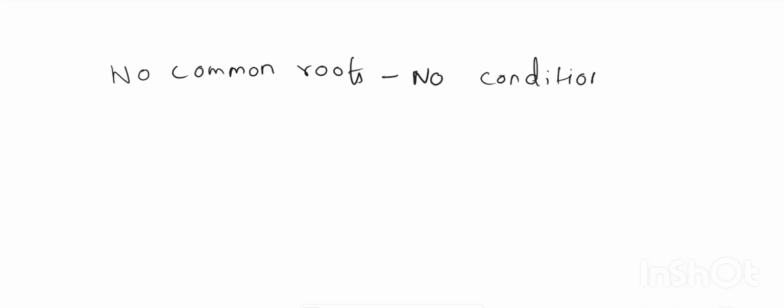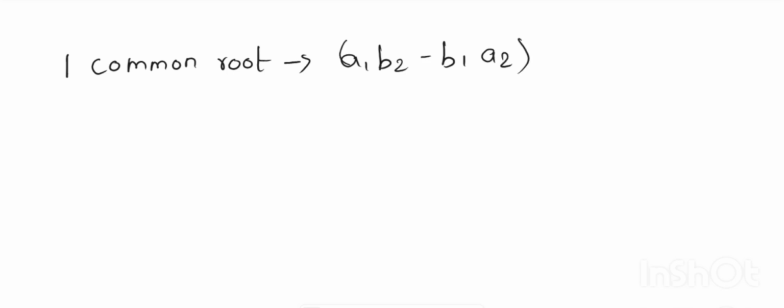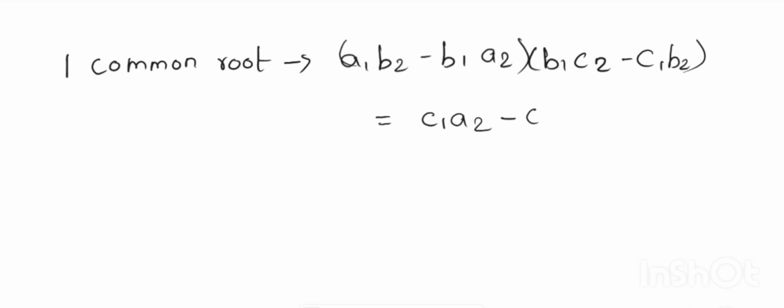In that situation, with no common roots, no condition is applicable. But if there is any common root, then the condition is a1 b2 minus b1 a2 into b1 c2 minus c1 b2 is equal to c1 a2 minus c2 a1 squared.